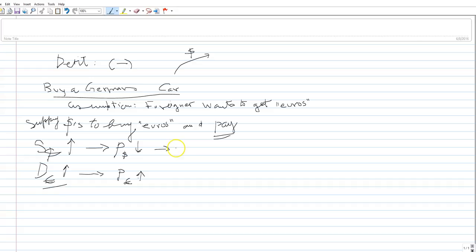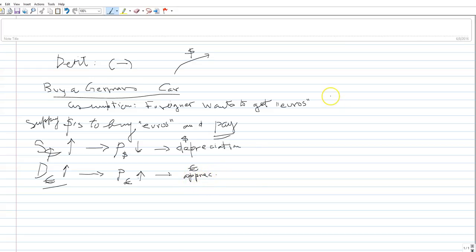Well, so this is a depreciation of the dollar. And this means a euro appreciation.